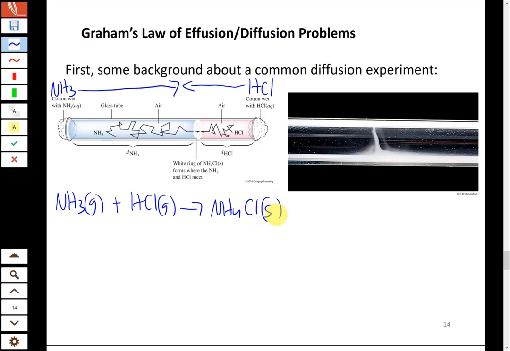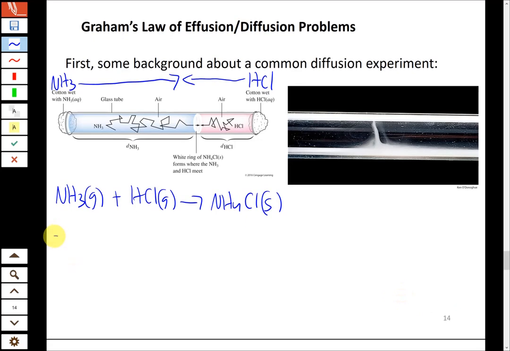So what this picture is showing here, both in the cartoon form and here's a photograph of what it looks like, when the two gases meet, you're going to see a white ring of solid that forms where that ammonium chloride has been generated. So that's exactly where they react with each other. And so again, just to spell this out in words, the two reactants start at opposite ends of the tube.